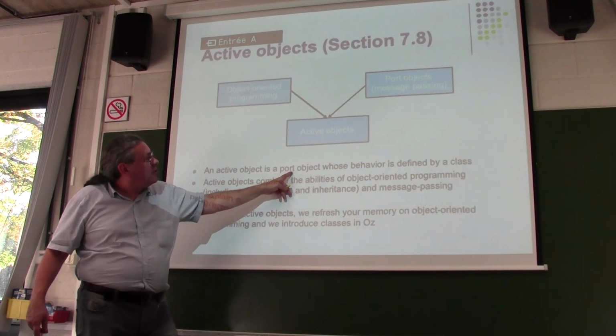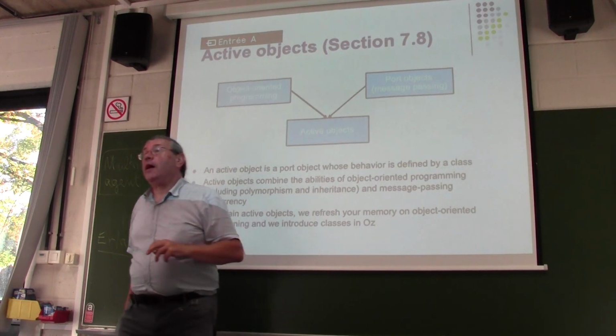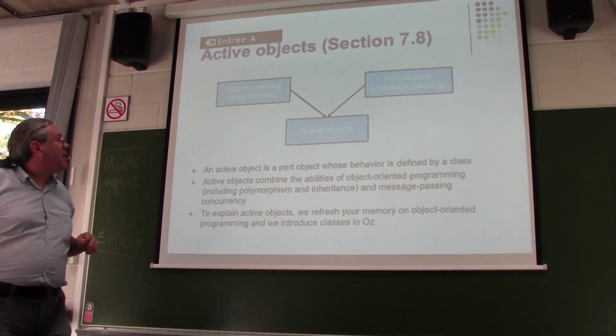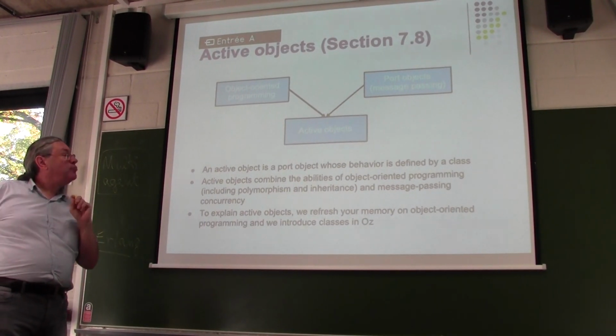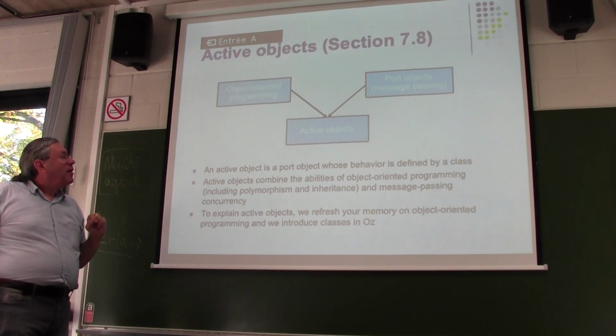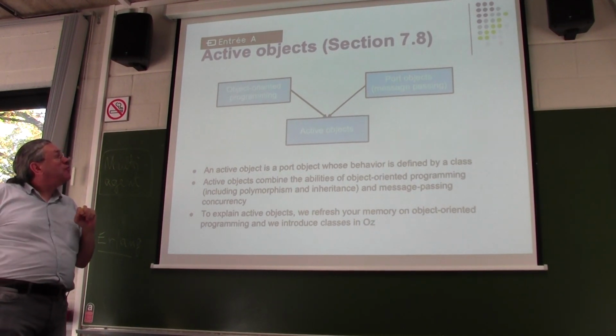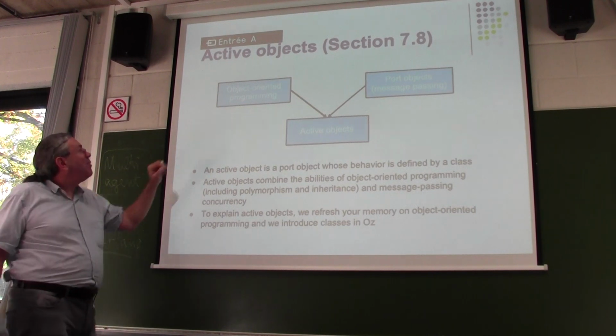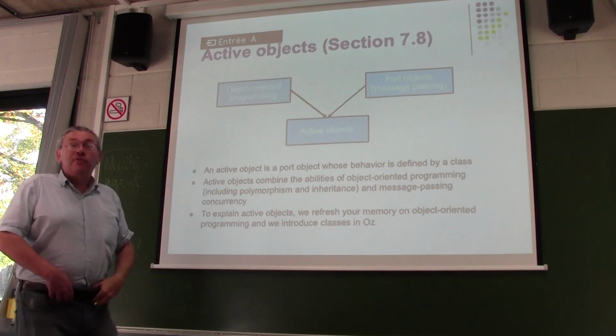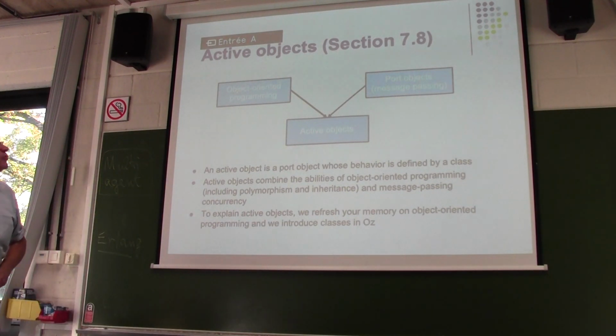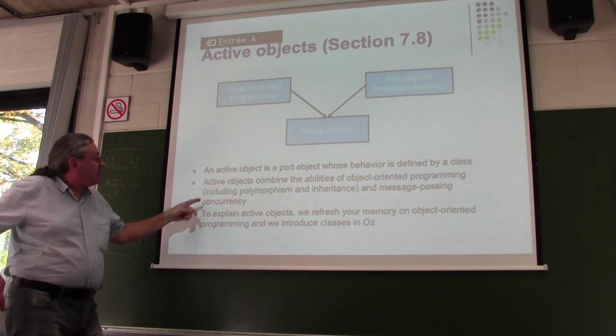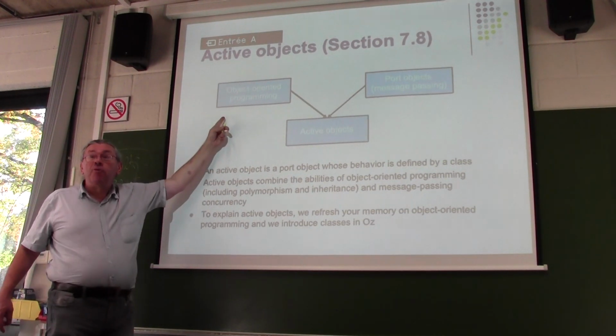It's a port object whose behavior is defined by a class. So it's not a standard Java object, it's a port object, it's a concurrent thing, but the state transition function is actually defined by a class. That's actually very nice to do, because classes have very interesting properties.